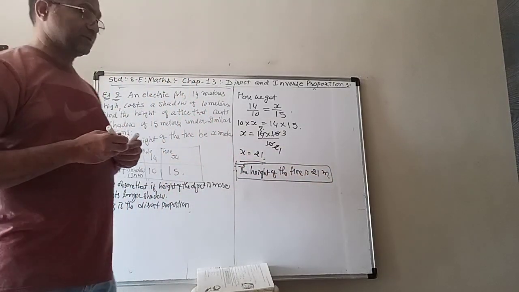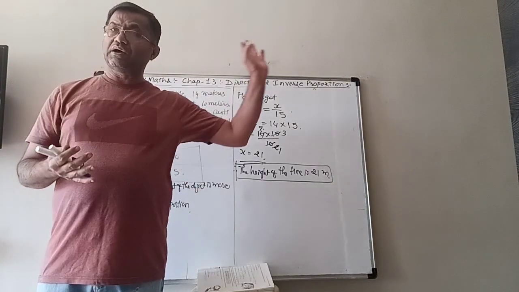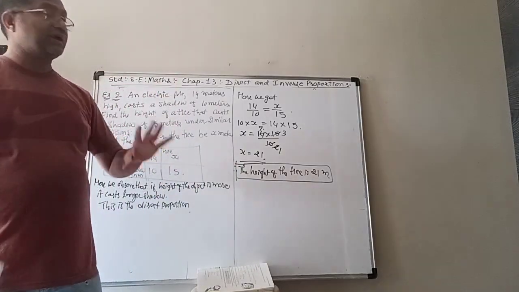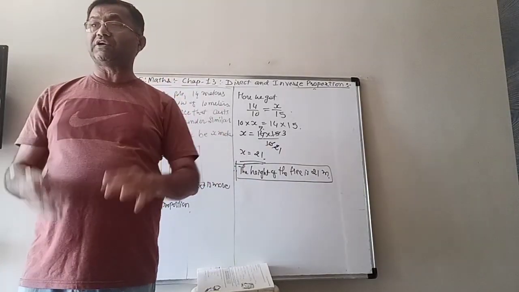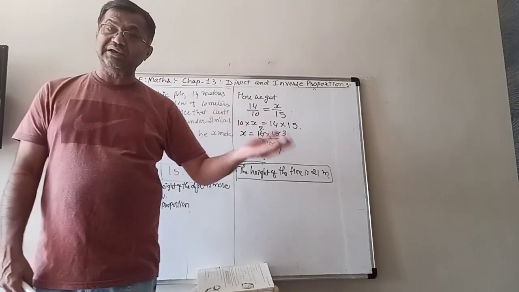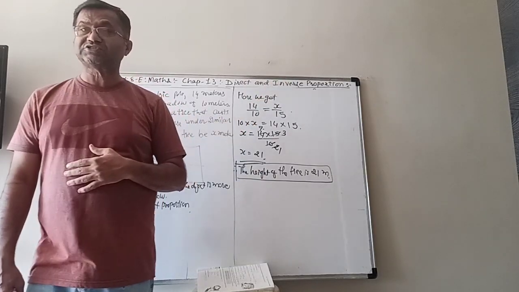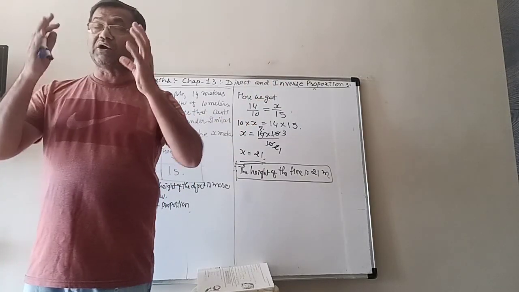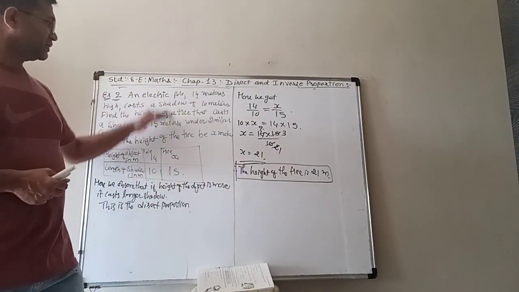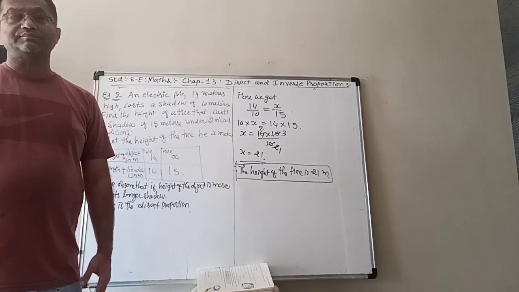Now here it is easier. Why? Because we haven't learned inverse proportion yet. So we know that here it will be x1 upon x2 is equal to y1 upon y2 and so on. But after we learn inverse proportion, then your real talent will be used, because it will not be given whether it is direct proportion or inverse proportion.